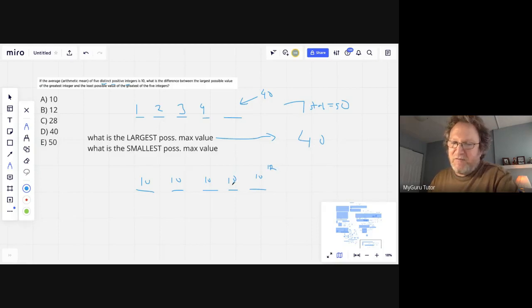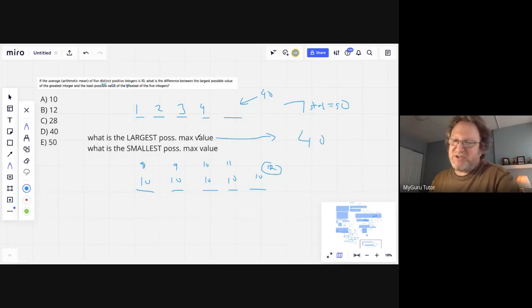If this were 12, that would mean that we could have 11 there, but to balance things out, this would need to be 9, and that would need to be an 8, right? Now we'll have 10, 9 plus 11 will give us 30, 8 plus 12 will give us 50. So 12 is the least possible top value that we can have, while still avoiding duplicate values.